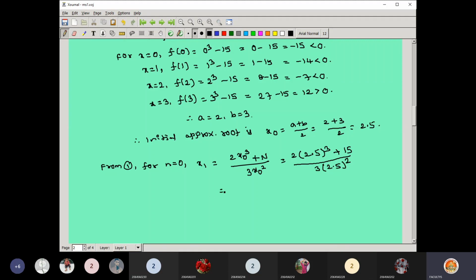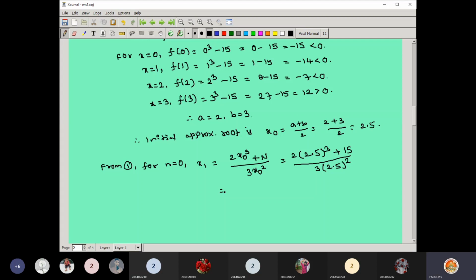You can use the calculator to get the value: 2, multiply 2.5, power button 3, plus 15, overall divided by 3, and here it is 2.5, square button.